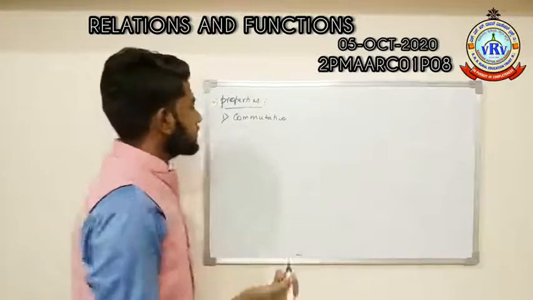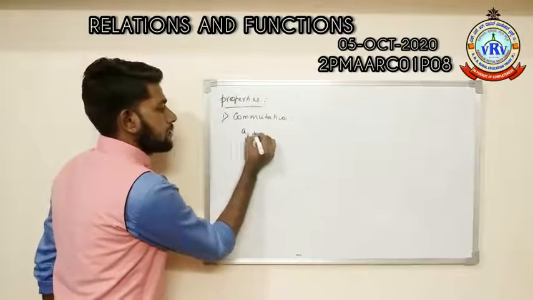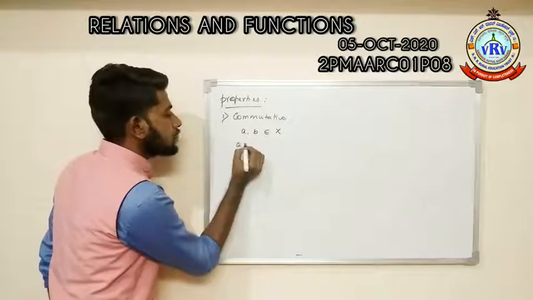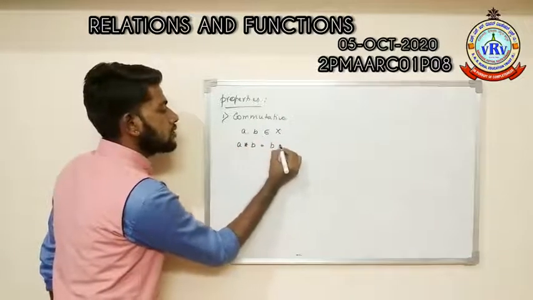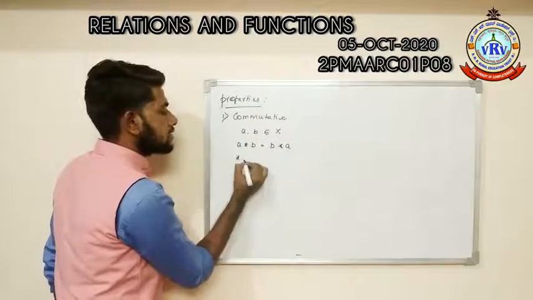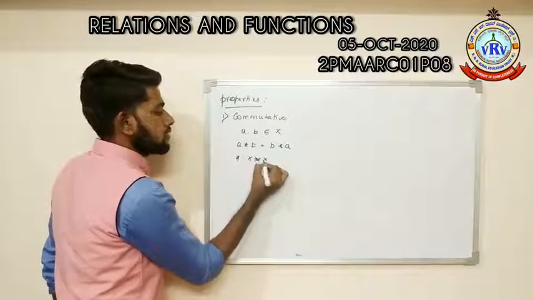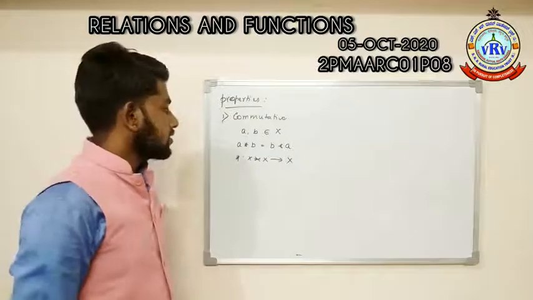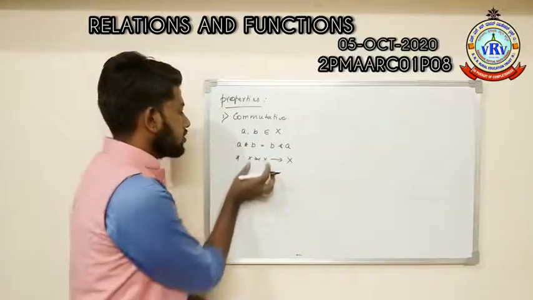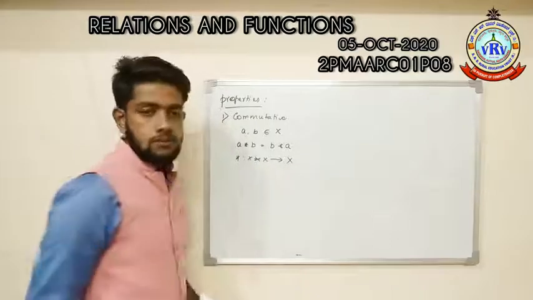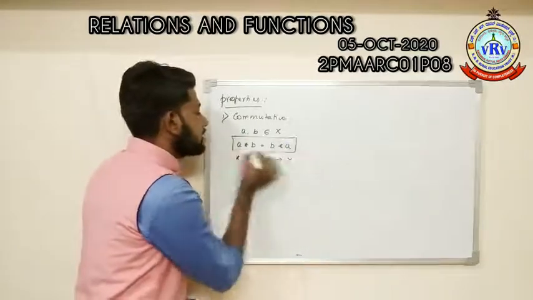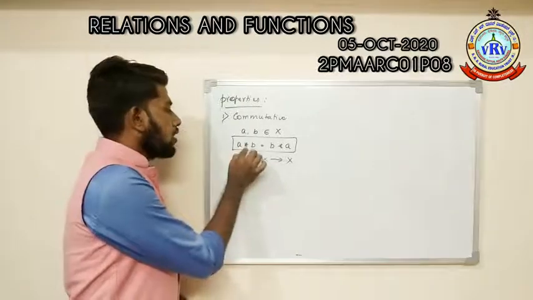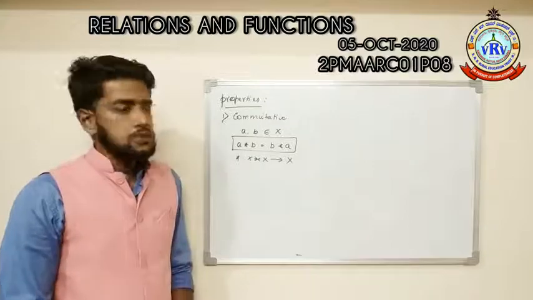So the commutative property means again you have to take two elements from one set, and if it satisfies A star B equal to B star A, where star is a function from the Cartesian product of this set to this set, that means you are taking two elements from the set and it will return one element, and it satisfies this condition A star B equal to B star A, then this binary operation is commutative in nature.